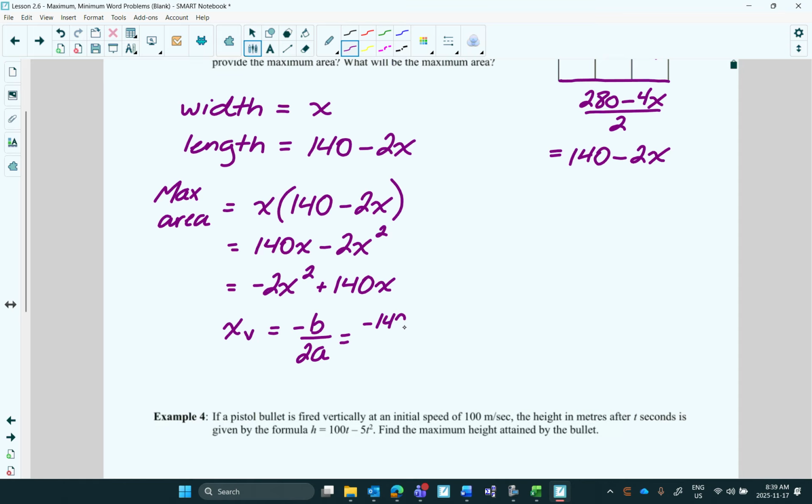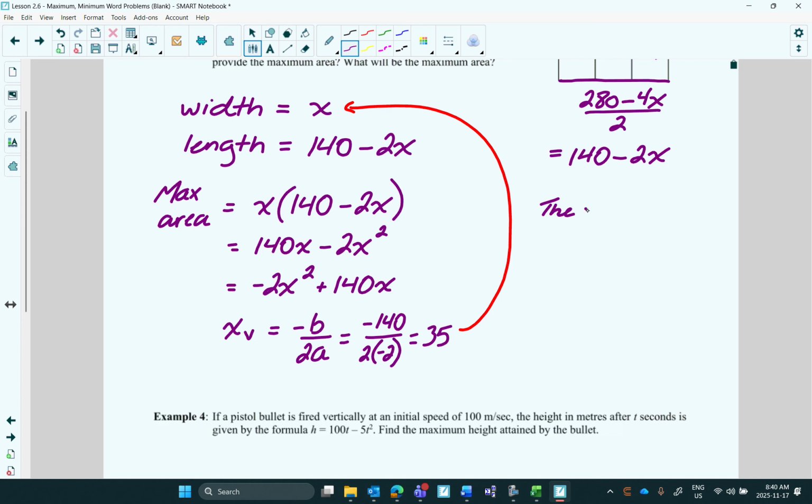So negative 140 over 2 times negative 2 will get me 35. What does that 35 represent? It's the width at the maximum area. So I found one of the dimensions that will give the maximum area, 35 for the width.